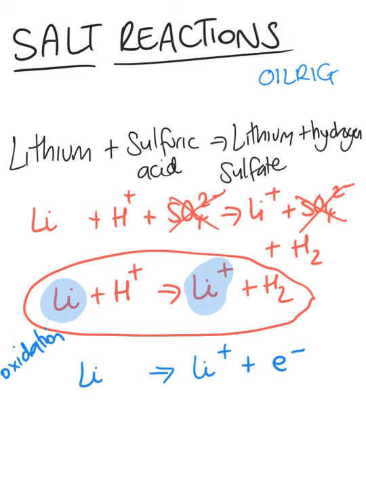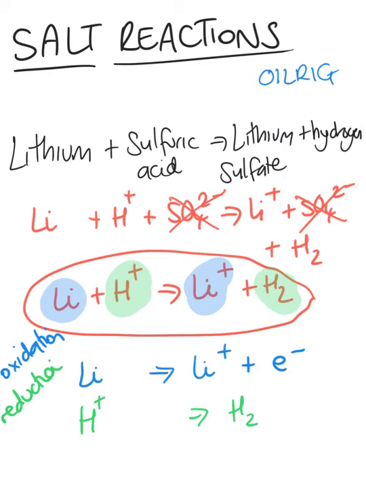Now we go back to the hydrogen. The hydrogen is going from H+ to H2. The positive hydrogen ion has got more positives than it does negative electrons, so it needs to gain electrons. Therefore reduction is the gaining of electrons.